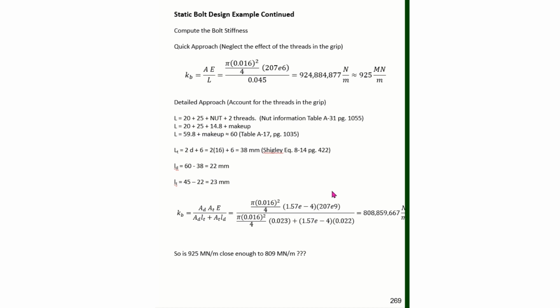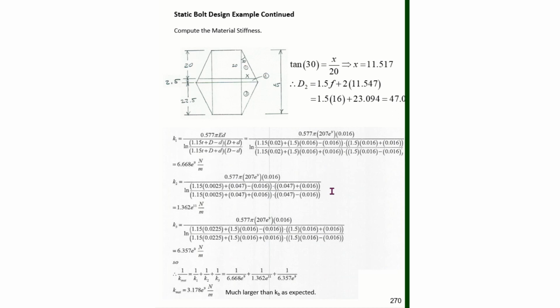Now we need to look at computing Km, the member stiffness. To do that, we come over and we draw a picture of our cones. And so this distance here is the grip. This first material we know is 20 millimeters thick, and the second material representing the cap on the actual cylinder was 25 millimeters thick.